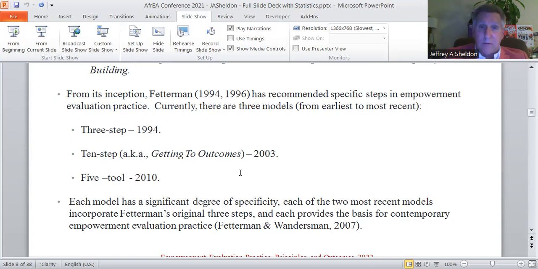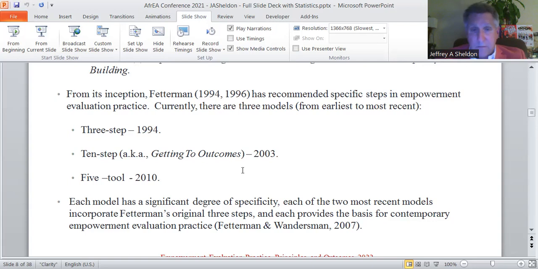help people build their evaluation capacity so that once they've completed whatever evaluation they're part of, they can do other evaluations. But the idea is to help them generate their own knowledge, their own data, and to use that data to influence social policy for the sake of social justice.